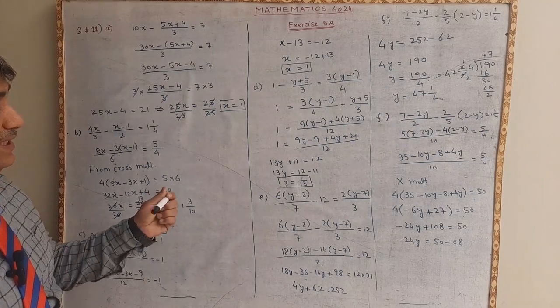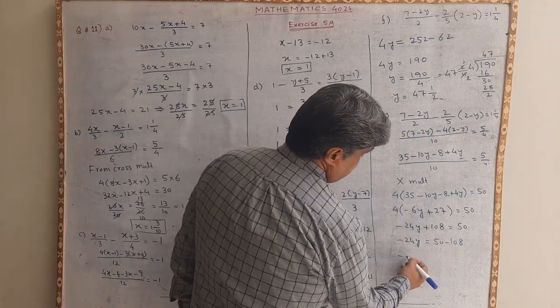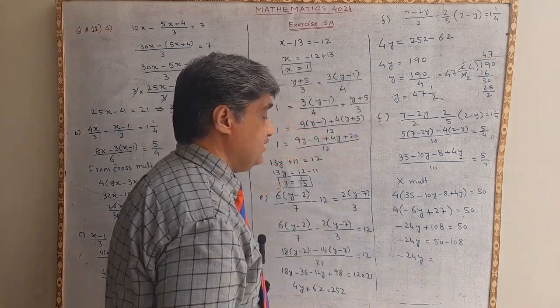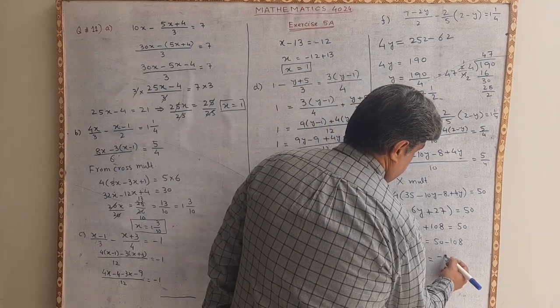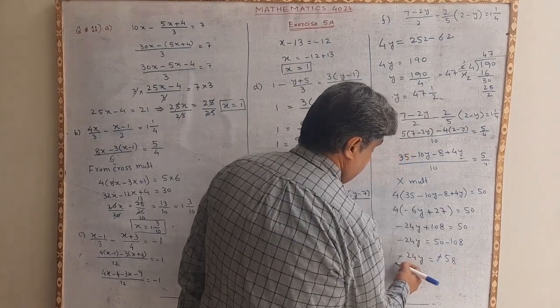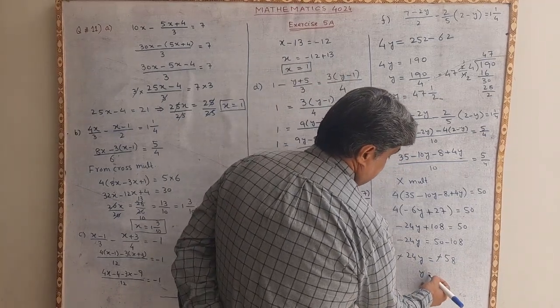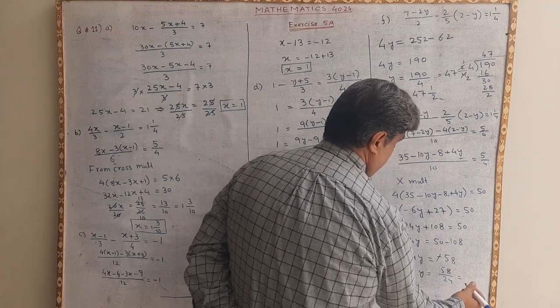And when we subtract this 108 from 50, it will give you minus 58. This minus will be cancelled with this one, and y is equal to 58 divided by 24.